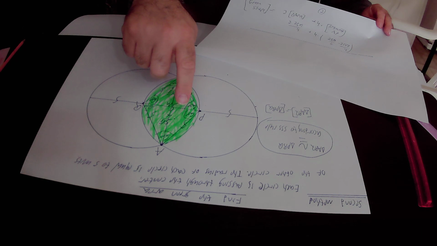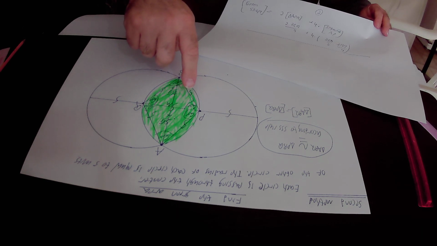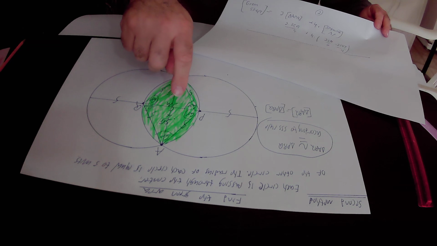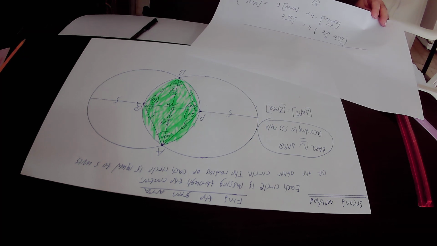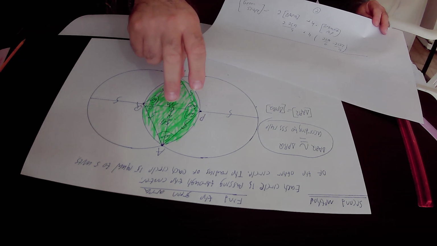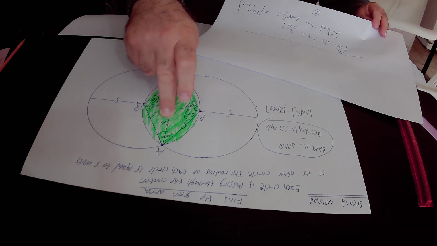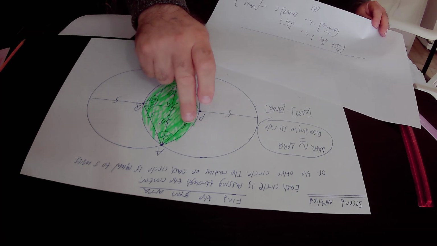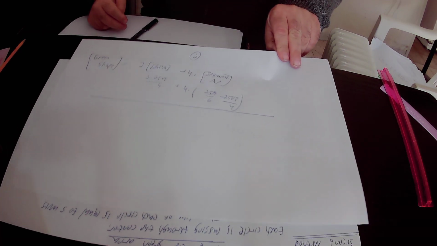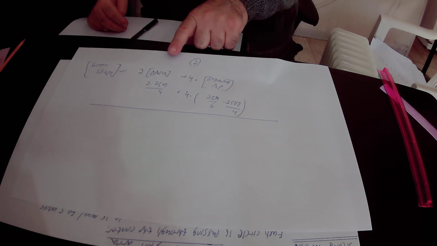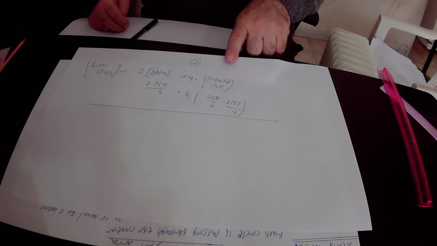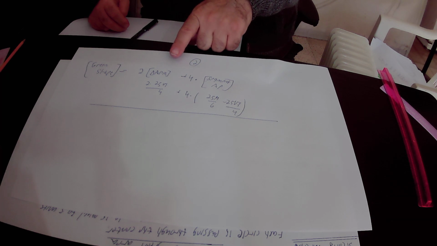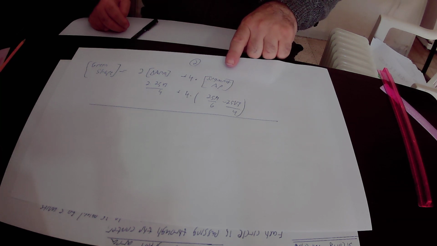Because all 4 segments are equal in area, we multiply the area of segment AP by 4 and get the area of this green shape: 2 times the area of triangle APQ plus 4 times the area of segment AP. The area of triangle APQ is 25 times square root of 3 over 4, so we multiply it by 2.